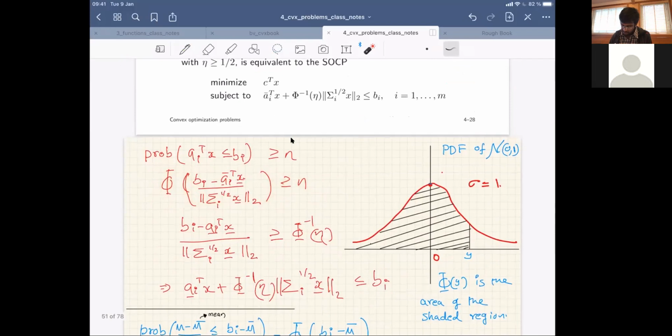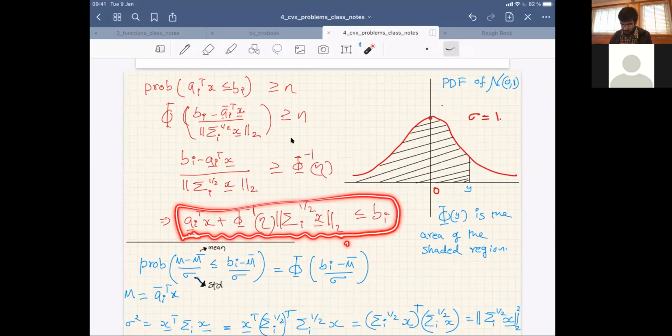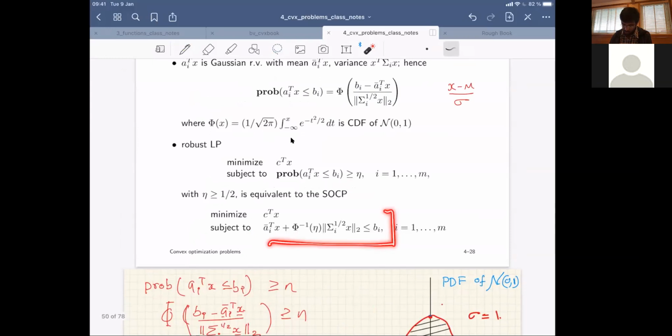I rearrange, take phi to the right side as phi inverse, and then you can write a transpose x plus phi inverse of eta times the standard deviation is less than or equal to b. So plug that in here.